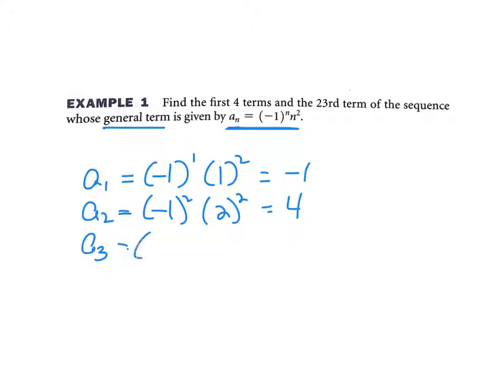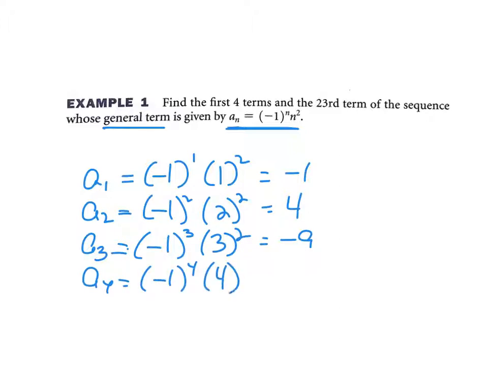Third term, just plug in 3 everywhere. -1 to the third, 3 squared, you get -9. And the fourth term would be -1 to the fourth. Again, I'm just plugging the numbers in. 4 squared, that would be 16. But it also said find the 23rd. You can find the 23rd also, just -1 to the 23rd power, and then 23 squared.